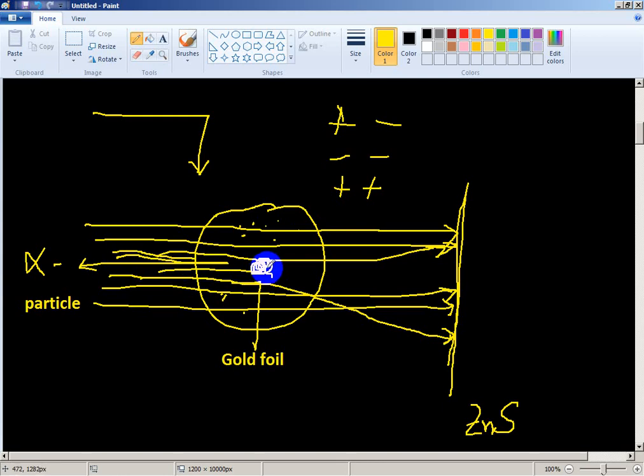Why does this repulsion occur? At the center of the atom there is some particle present. Is it positive or negative?